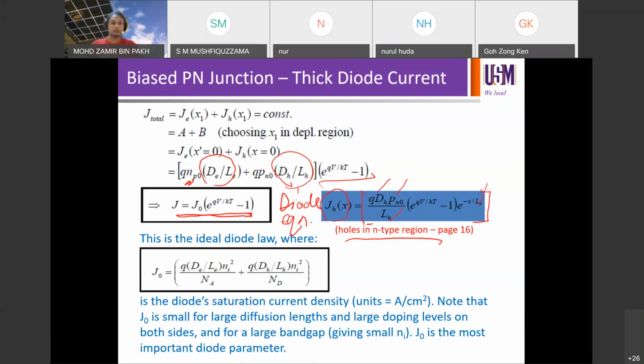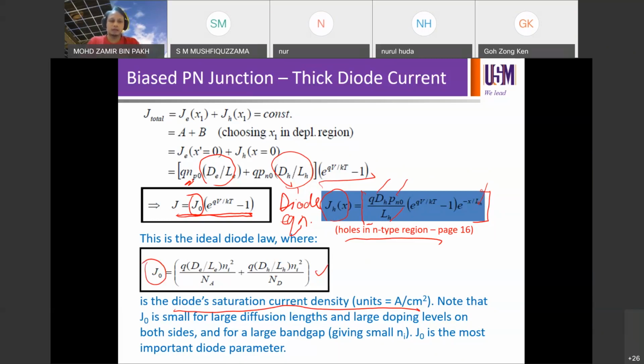So this is the ideal diode law, where J naught is the saturation current density, diode saturation current density in ampere per cm squared, and that is given by this equation: Q times D over L times N_S squared over N_A plus Q times D over L for holes times N_S squared over N_D.